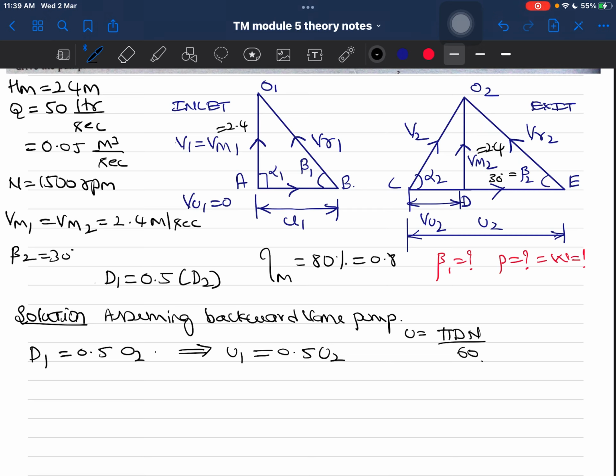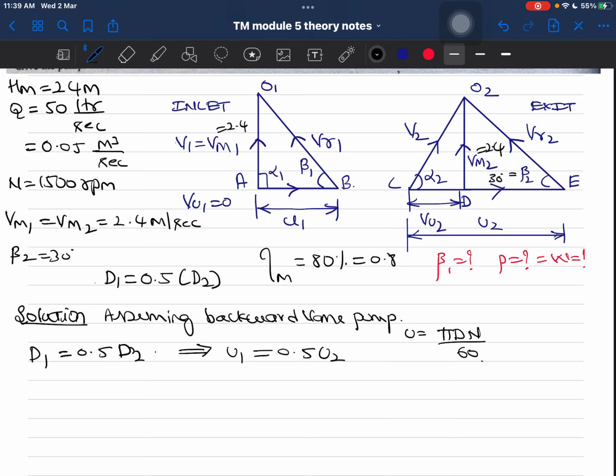Since the speed remains the same for both the inlet and outlet, only the diameter is varying. So if D1 is 0.5 times D2, then U1 would be equal to 0.5 times U2 as well.